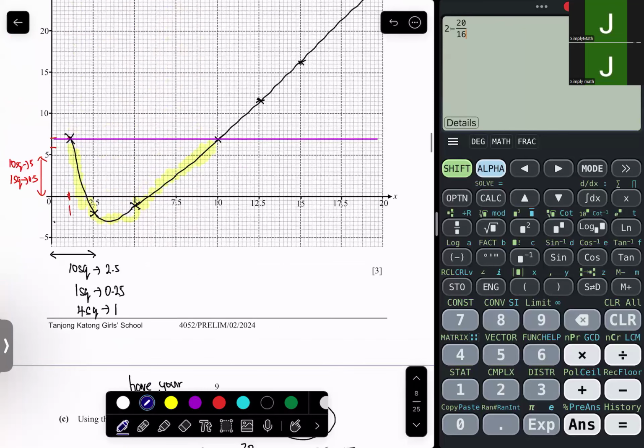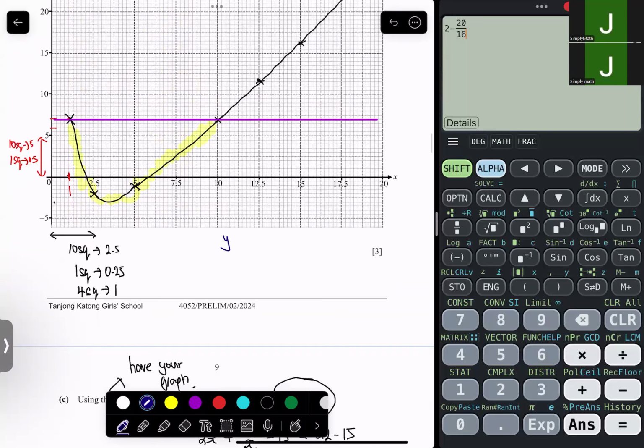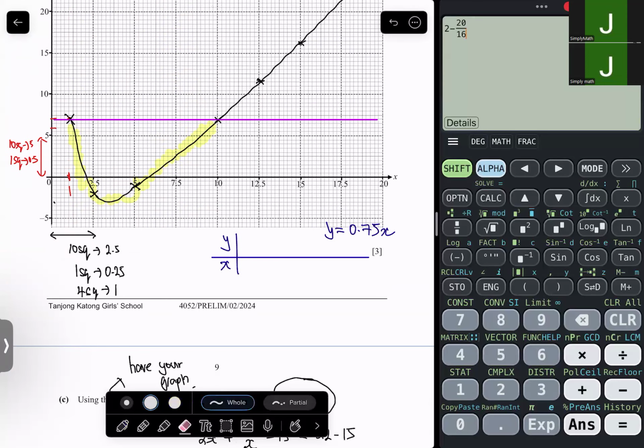Now you can play cheat by drawing a gradient of 0.75 and then drawing a line parallel to the tangent at x equals 4. To draw a gradient of 0.75, you want to draw y equals 0.75x, for example. 0.75 is also 3/4.